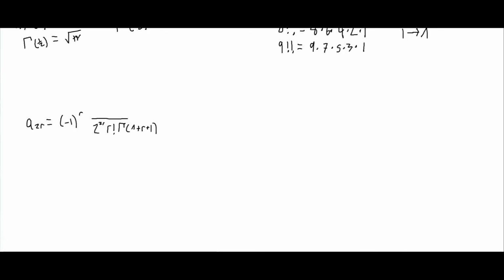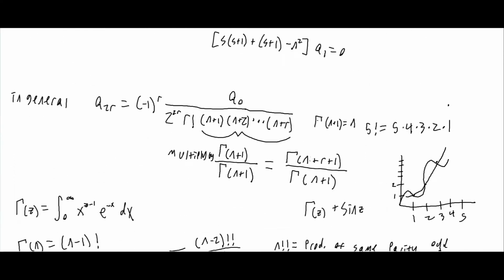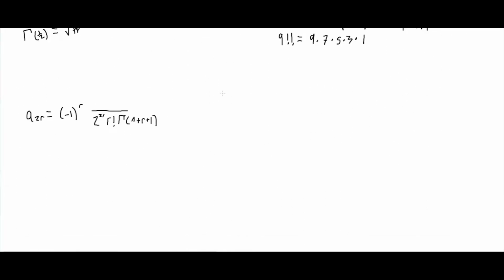So remember, up here, when we multiplied all this, we ended up with the n plus r plus 1 gamma function in the numerator. But since this all is in the denominator, this gets flipped upside down relative to that.